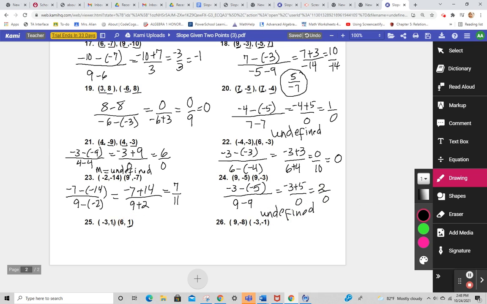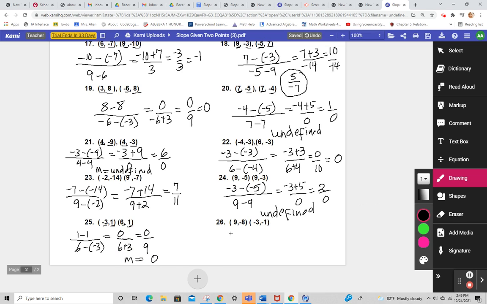All right, y sub 2 minus y sub 1 all over x sub 2 minus x sub 1. So that'll give us 0 over 6 plus 3, which is 0 over 9. So the slope here is 0. Again, this is a horizontal line.